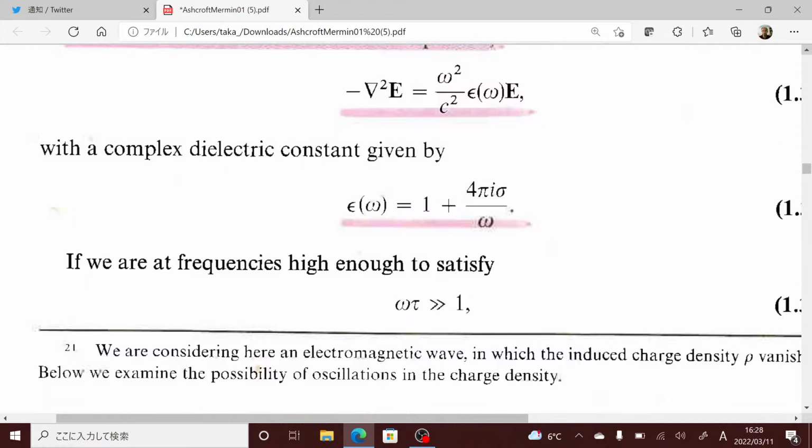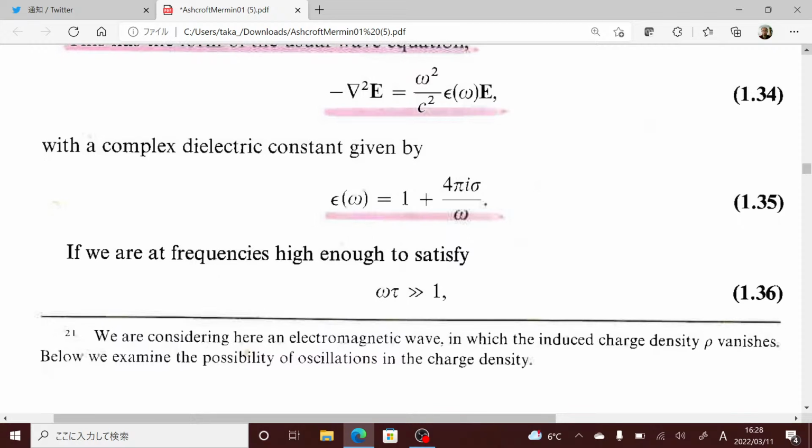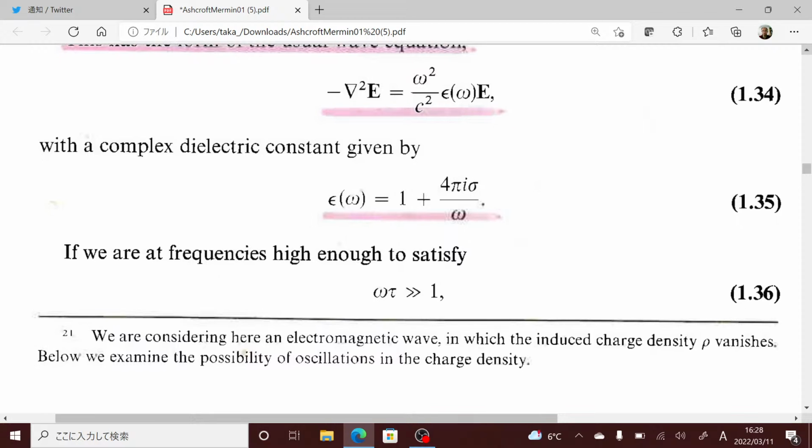So let me read footnote 21. We are considering here an electromagnetic wave in which the induced charge density ρ vanishes. Below, we examine the possibility of oscillations in the charge density.